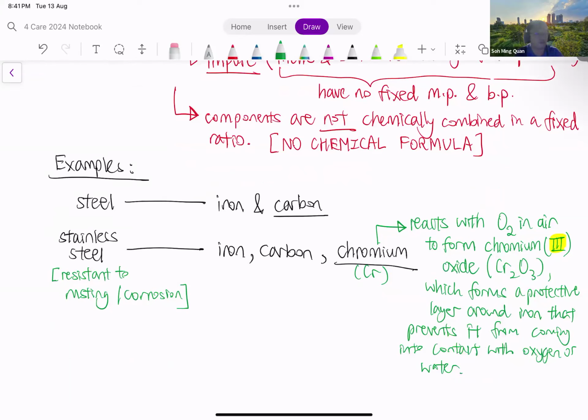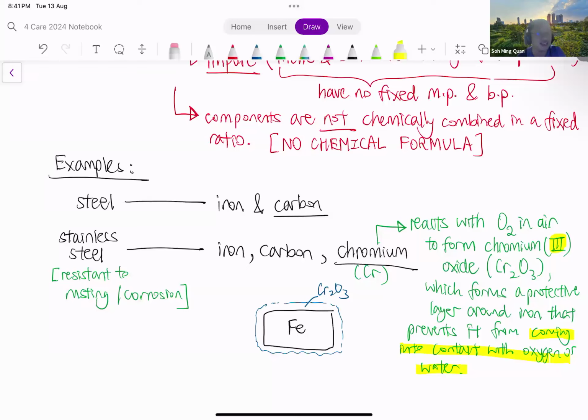So what you have is a piece of iron which is now surrounded by a layer of Cr2O3. All right? And this prevents the iron from coming into contact with oxygen or water. Therefore, it doesn't rust because you need oxygen or water for rusting to take place.